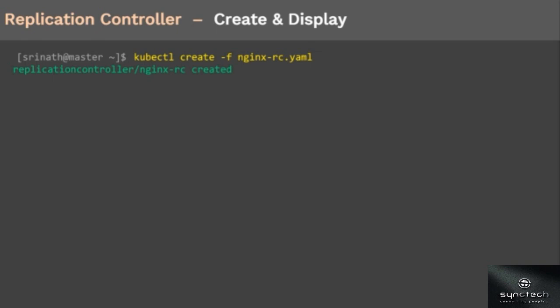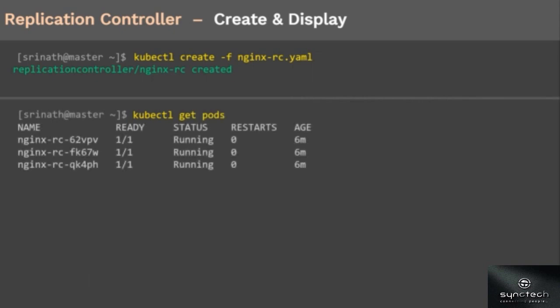We use kubectl get command followed by pods to display the pods it created. As you can see, there are 3 Nginx pods which are created by nginxrc replication controller. And its status shows all 3 pods are running successfully, which is what we are expecting. Let's imagine that there are 100 other pods which are running inside your cluster.